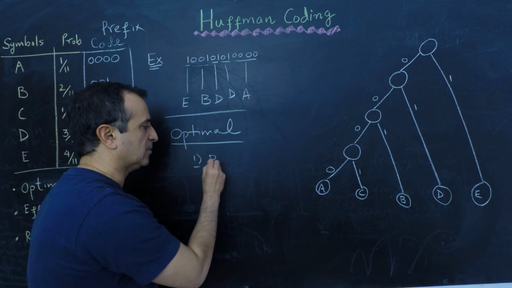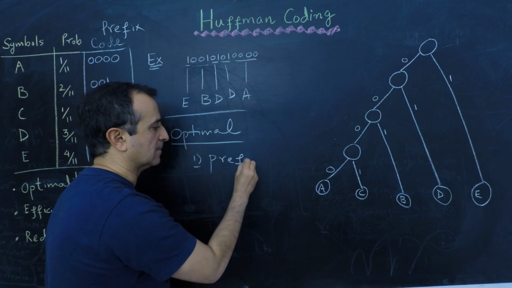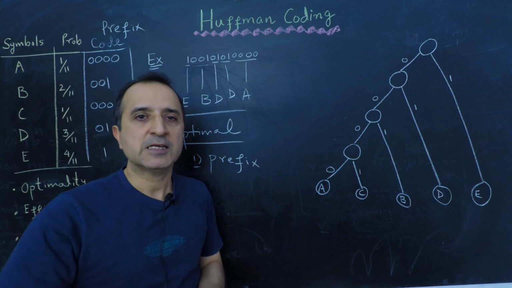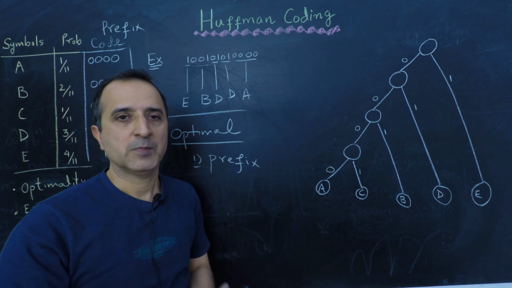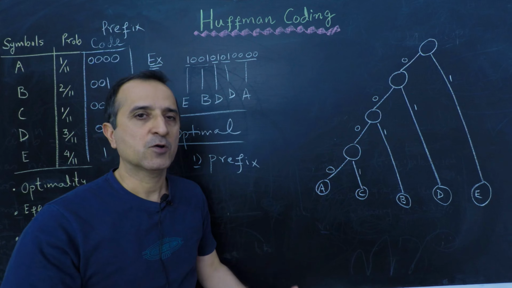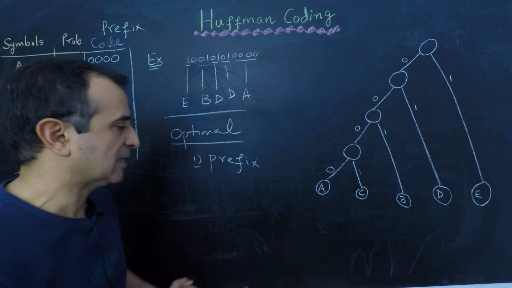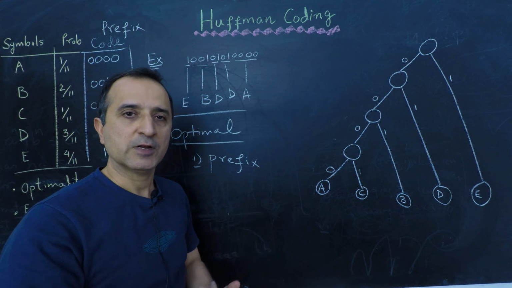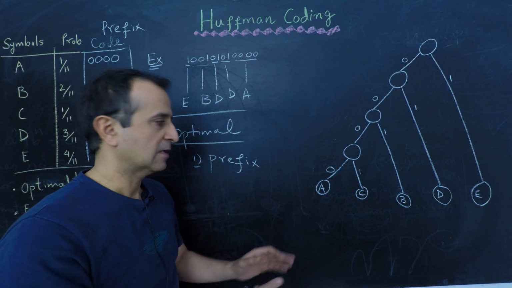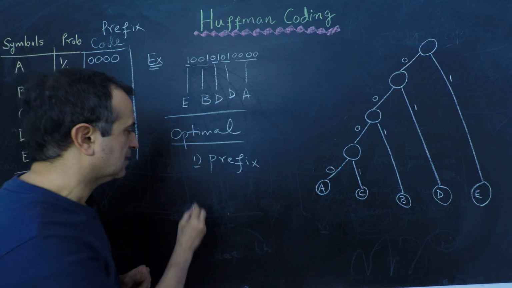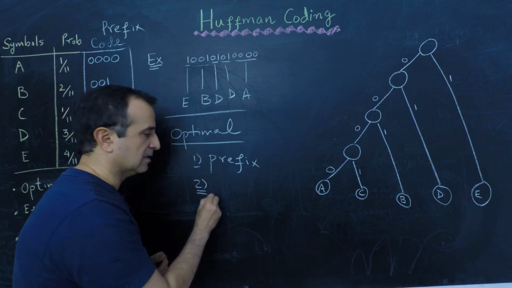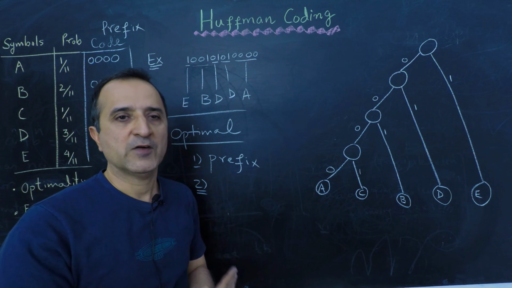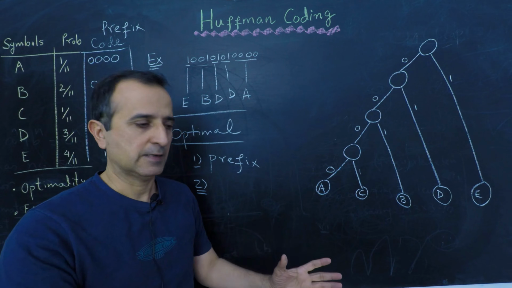For example, Shannon coding is another example of prefix coding, but that is not optimal. Similarly, Shannon-Fano coding is another example of prefix coding, but that is not optimal. Huffman coding is optimal.